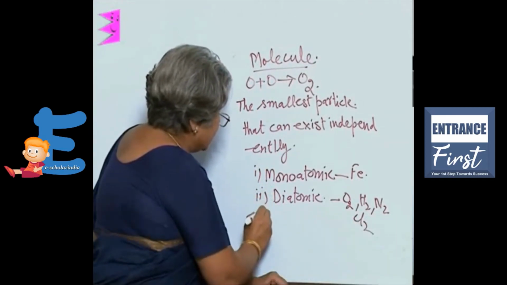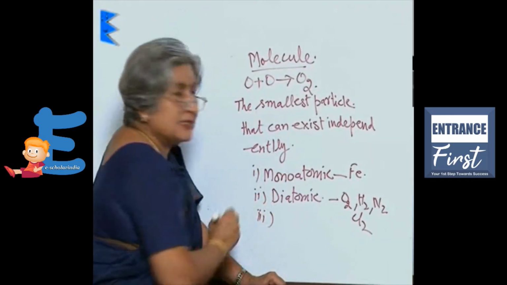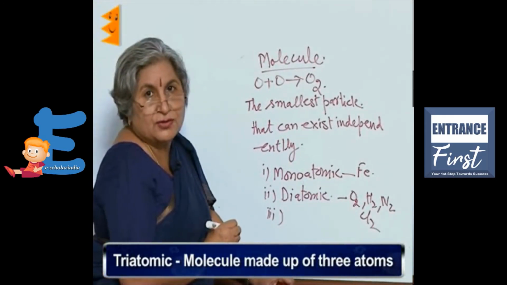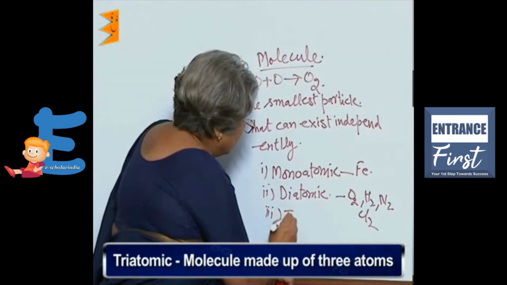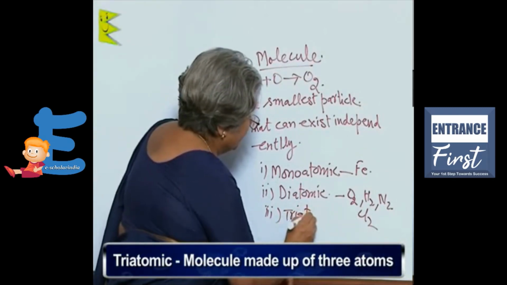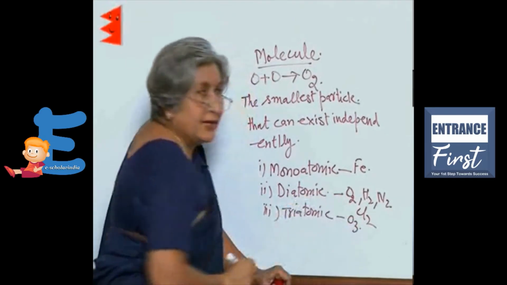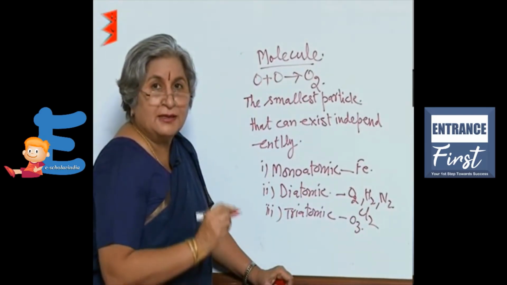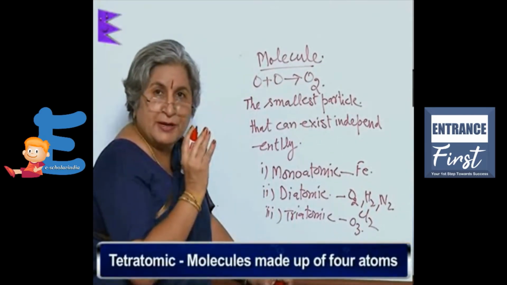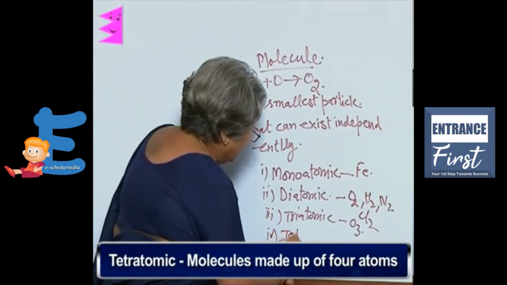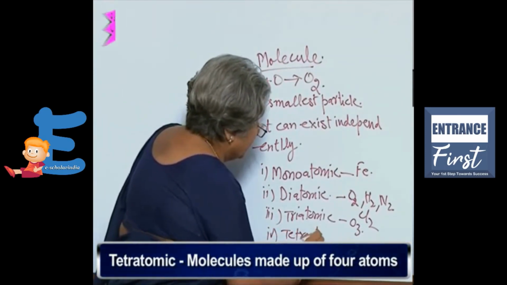In another case, say what happens when three atoms of oxygen combine? They form ozone. So that is triatomic. In the case of phosphorus, the molecule is made up of 4 atoms. So it is tetraatomic.